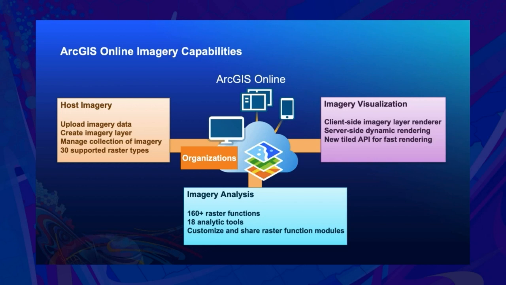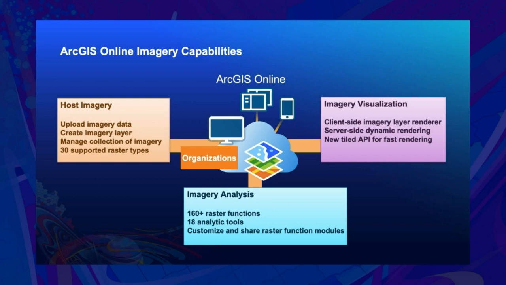And eventually you want to perform analysis on your imagery data. Similar to other ArcGIS products, we also introduce a rich set of raster functions, over 160 different raster functions that you can use to perform analysis on your imagery data.